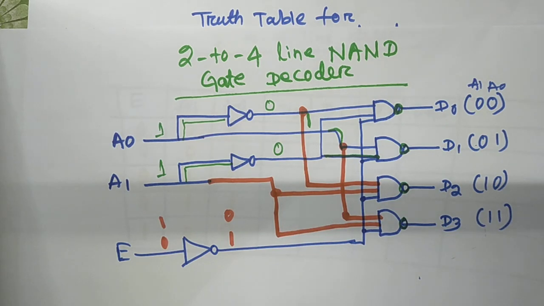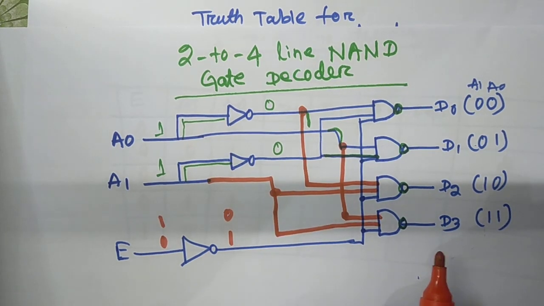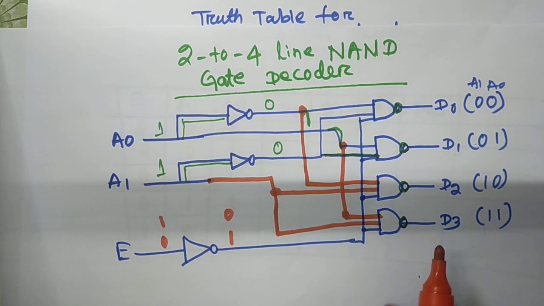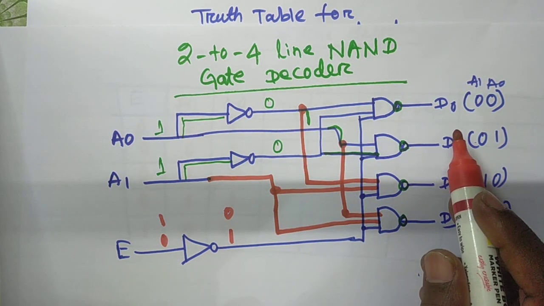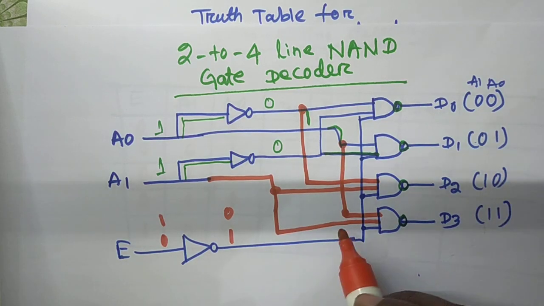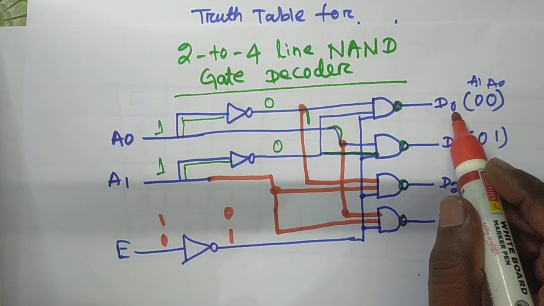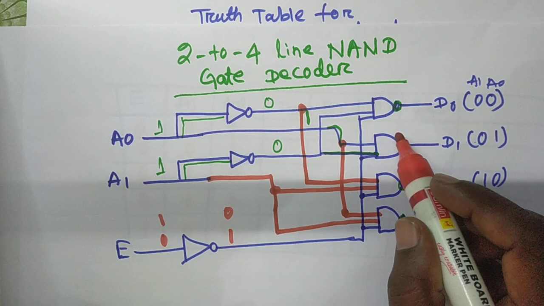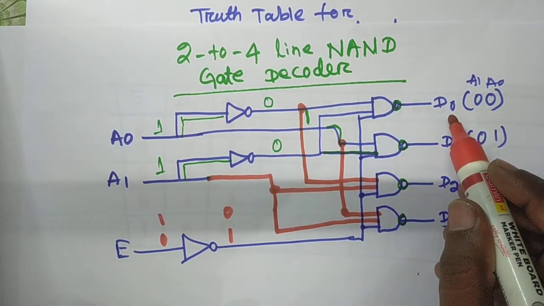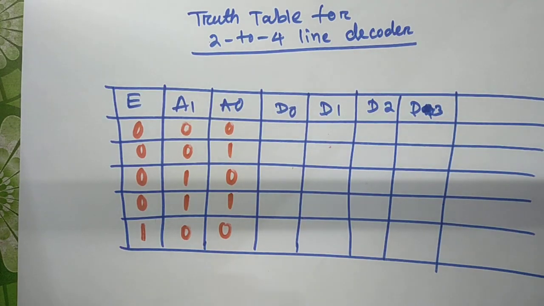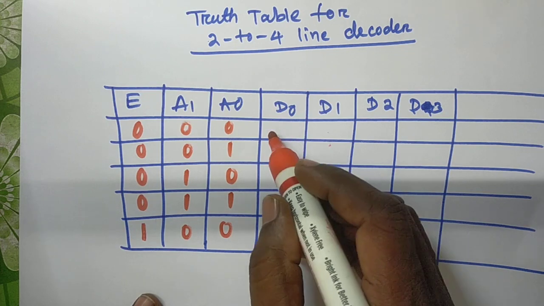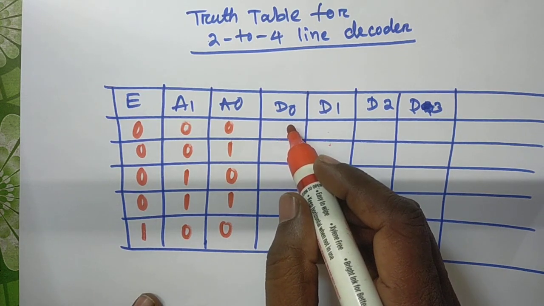If we go through the 2 to 4 NAND gate decoder, then D0 will be 0 and the others will be 1. It is the reverse case. But if we go through the AND gate, D0 is 1 and the others will be 0. So it is a very simple reverse case.